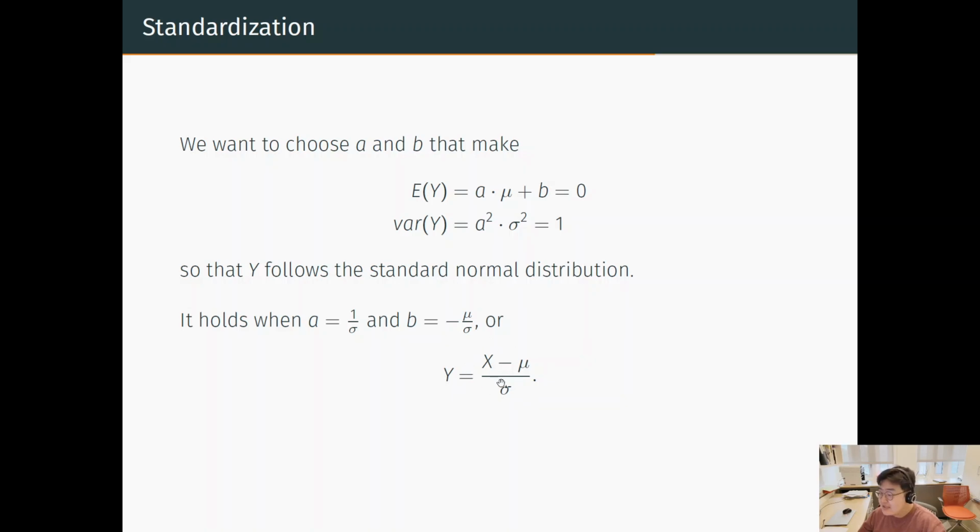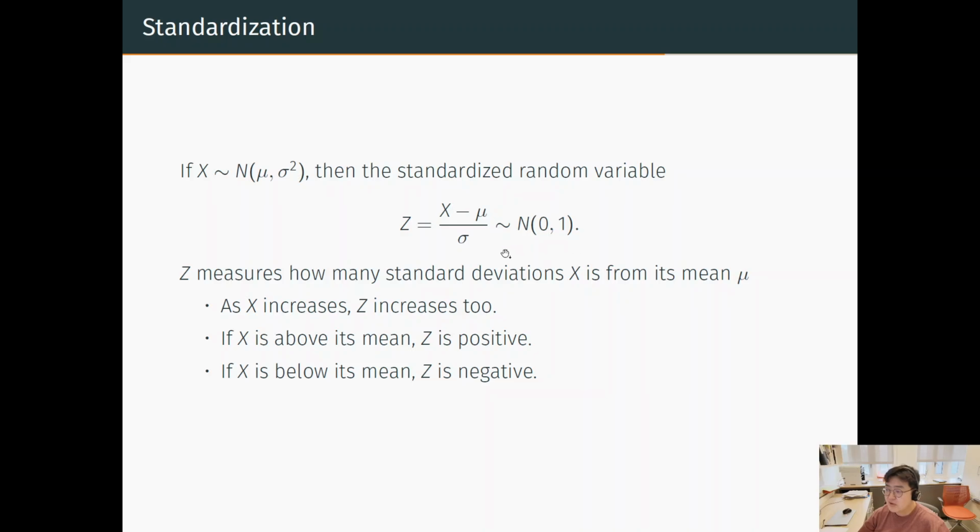This is standardization. We learned this standardization method in chapter 4, right? That means no matter what x is, no matter what parameters x has, after this transformation y is always standard, mean 0, variance 1, right?